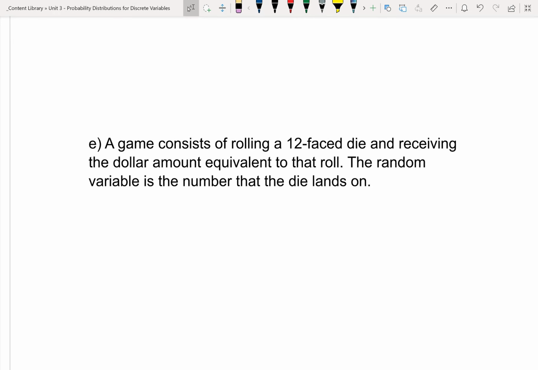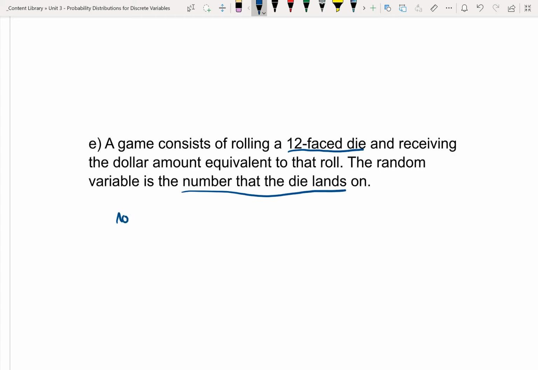Finally, in E, a game consists of rolling a 12-faced die and receiving the dollar amount equivalent to that roll. The random variable is the number that the die lands on. So here, a 12-faced die, and we're looking for the number that the die lands on.